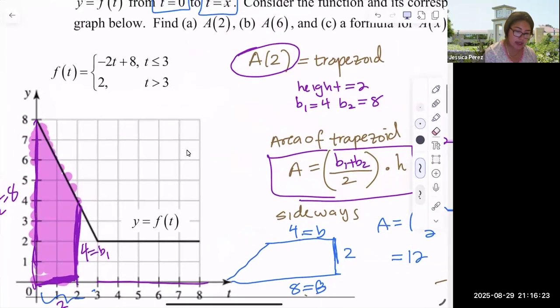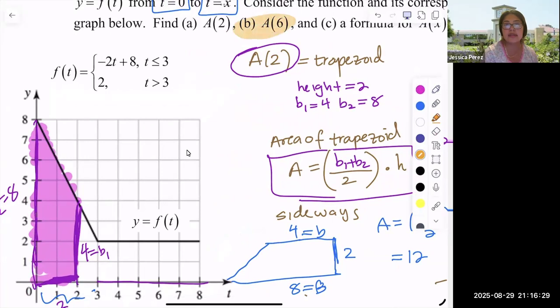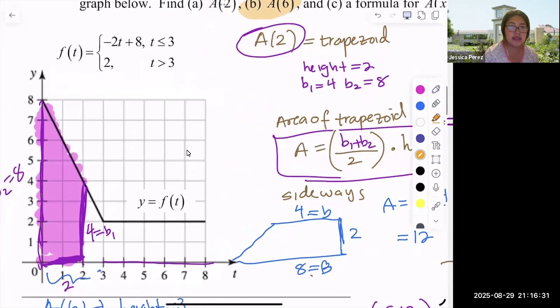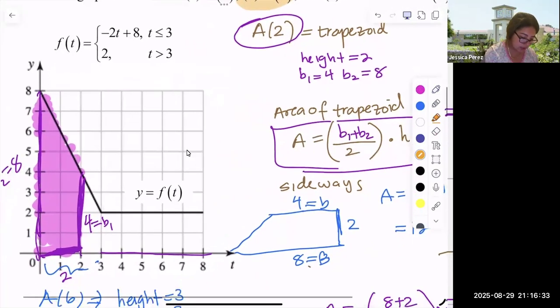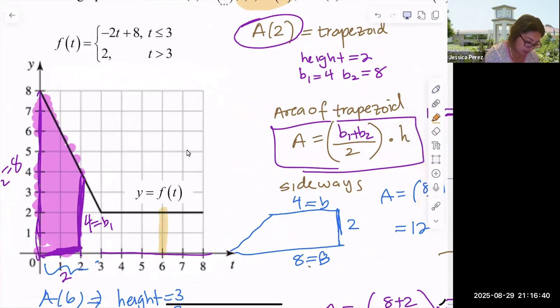So we are going to now find what is A of 6. So A of 6, we are going to bound it all the way over here. So A of 6 would be now this orange one.